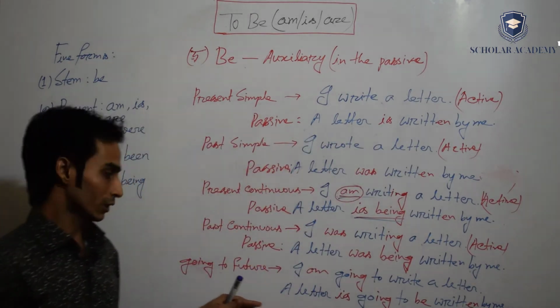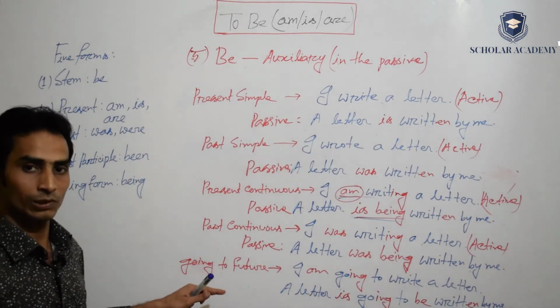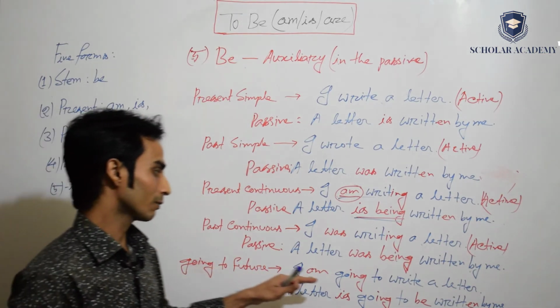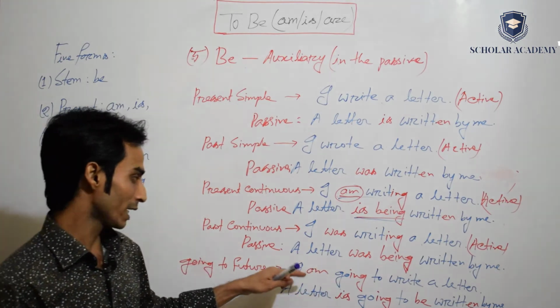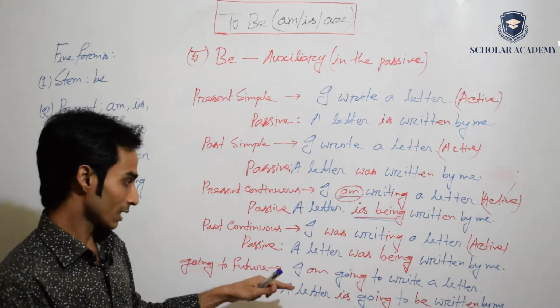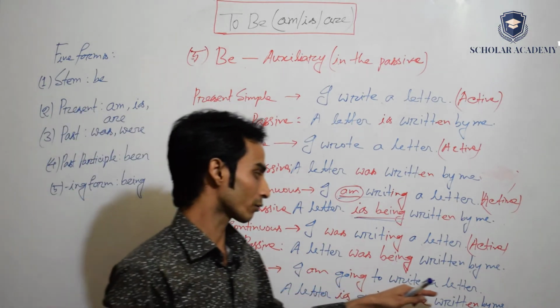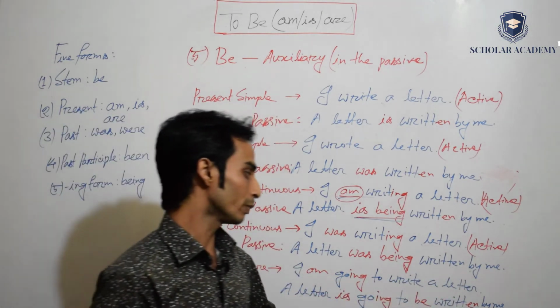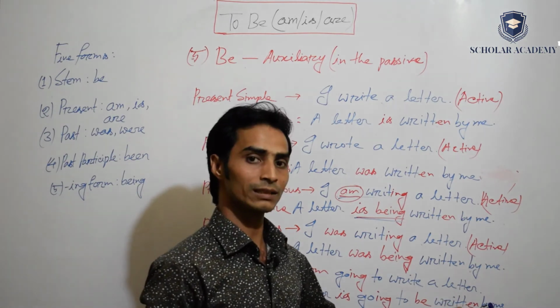The last example for you is exceptional. The rule is exceptional because if the active sentence is made with going to, that means if the sentence is I am going to write a letter, the passive sentence will be a letter is going to be written by me.